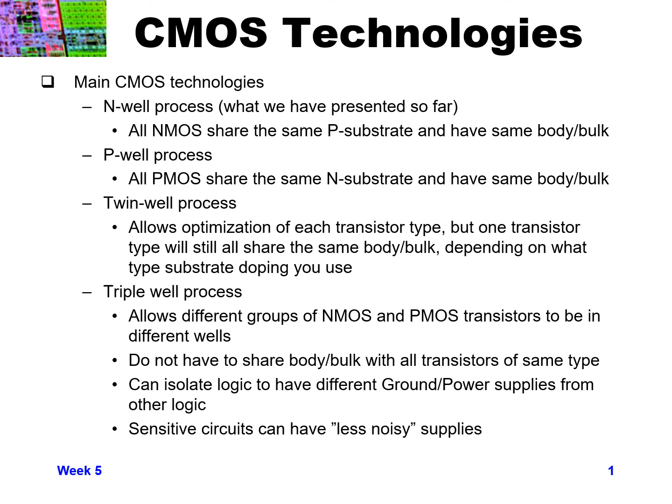Now comparing versus each of these processes, there's something called the triple well process. The triple well process allows you to actually individually have your NMOS and PMOS transistors in different wells. So both NMOS and PMOS can be their own well and have a different voltage for their bulk body.